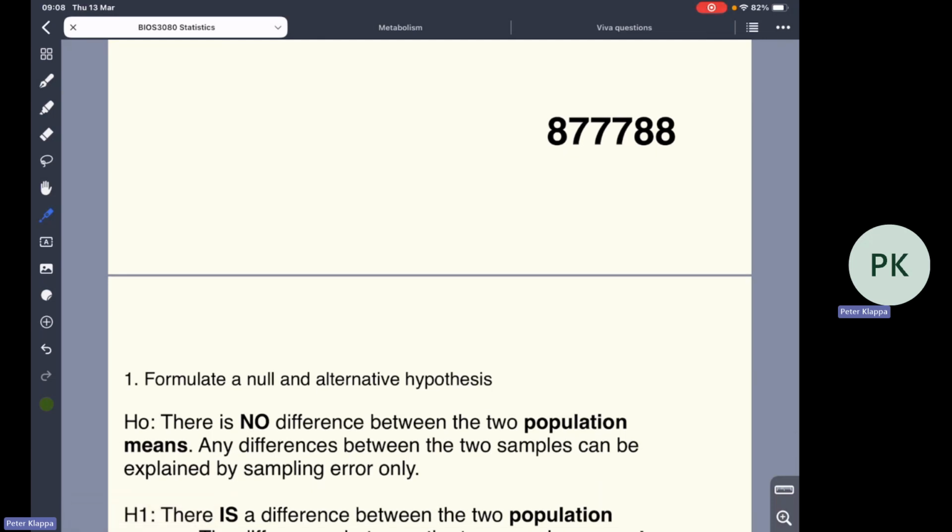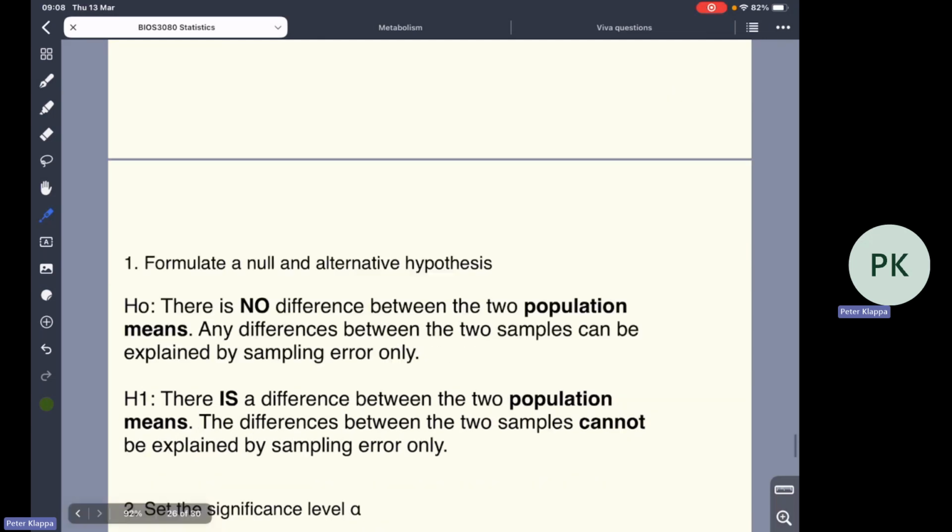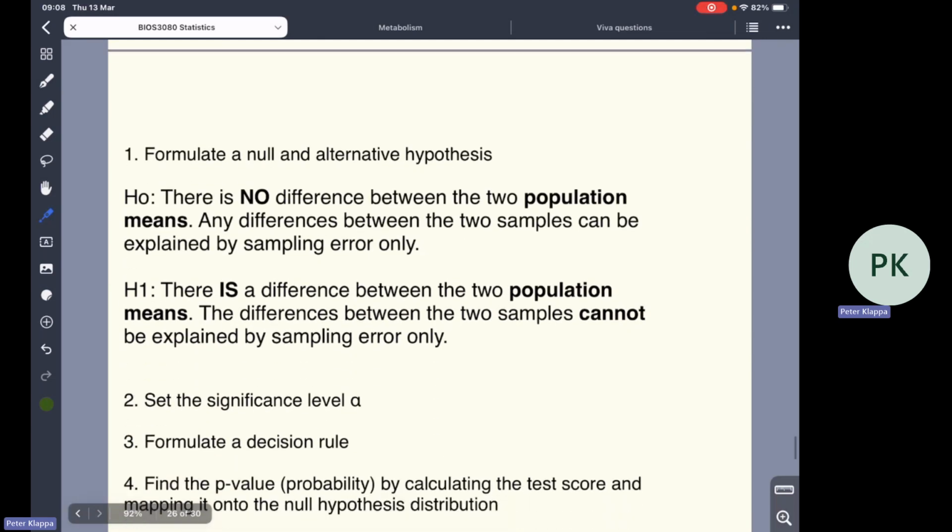We are starting with our hypothesis testing, right? So formulate the null hypothesis. What you see is I simply copied the step that we set. There's no difference between the two population means.